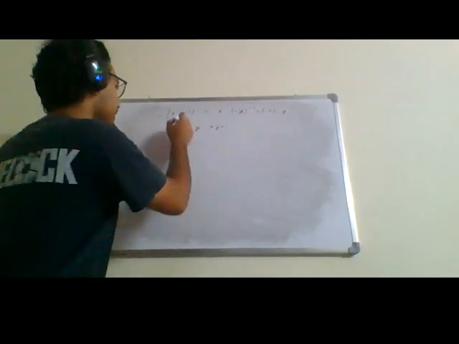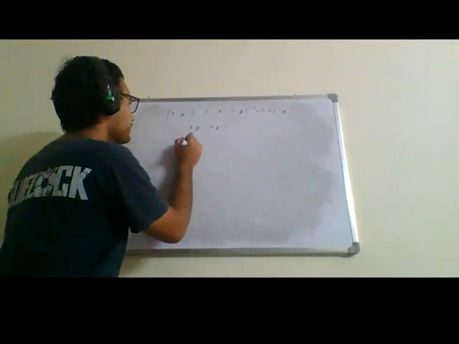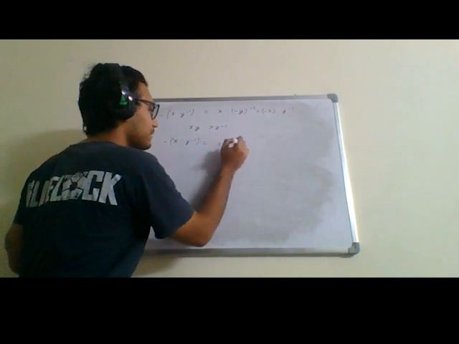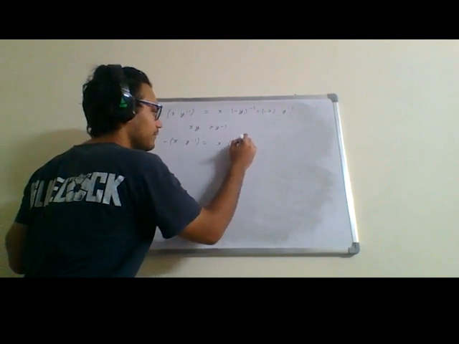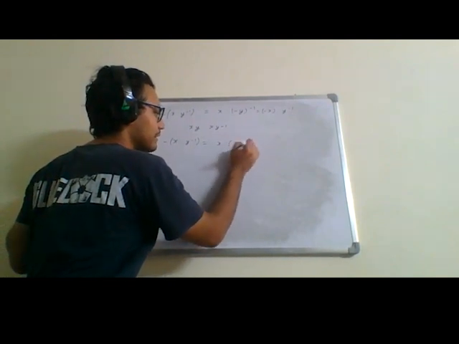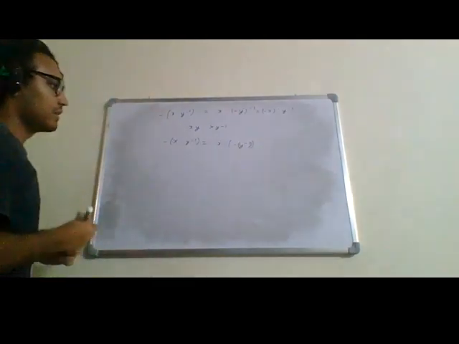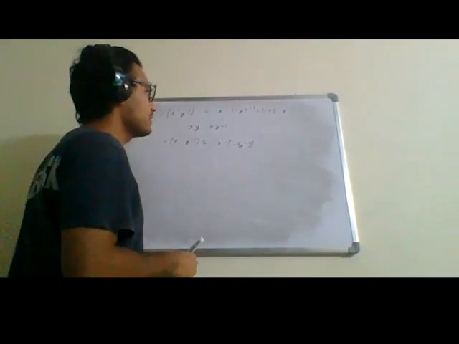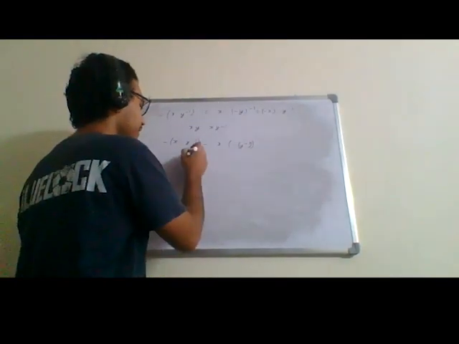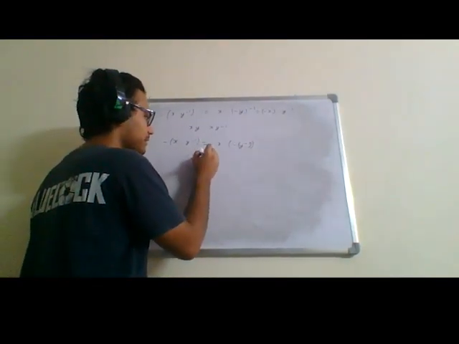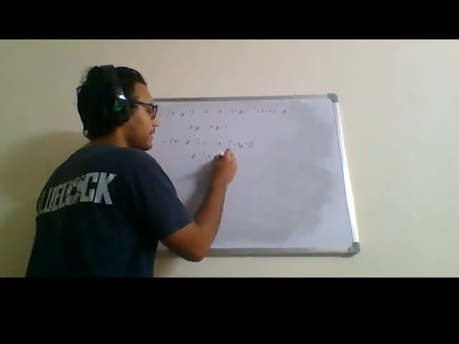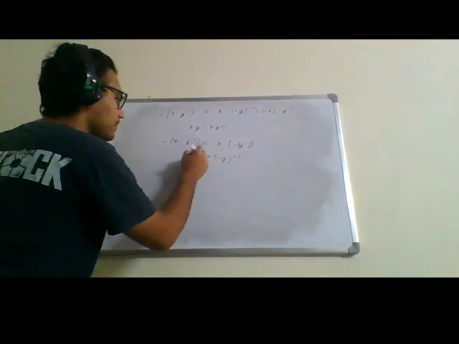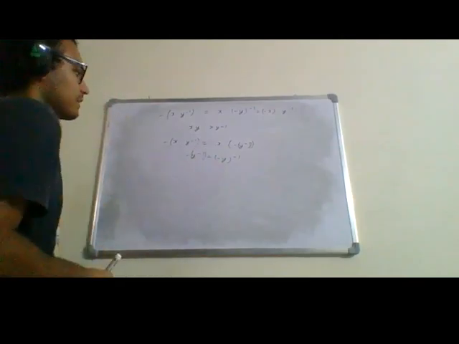Now for this part, we can use the other part of the problem, which is that this is equal to x dot minus of y inverse, right? Now we have to show that this is equal to this. So I'm just going to directly prove it. Minus of y inverse is equal to minus y inverse, right?